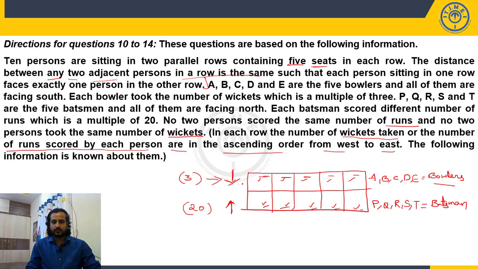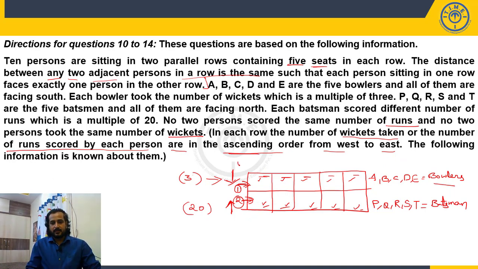So they are talking about these 2 rows. Let's say it is row 1 and it is row 2. So in the first row as well as in the second row, the number of wickets taken or the number of runs scored by each person are in ascending order from west to east.